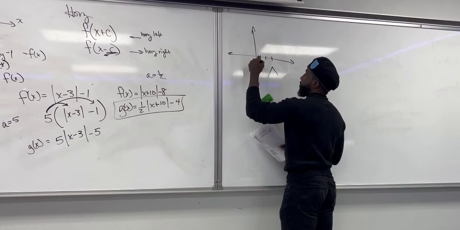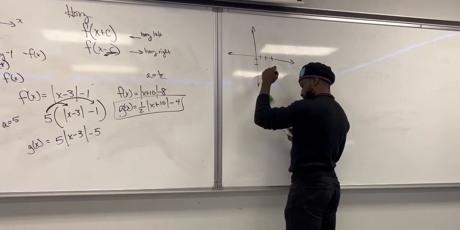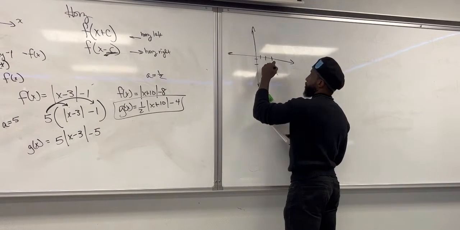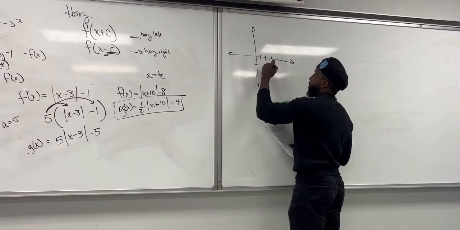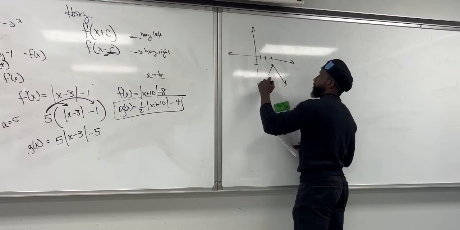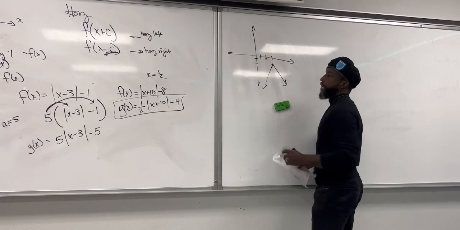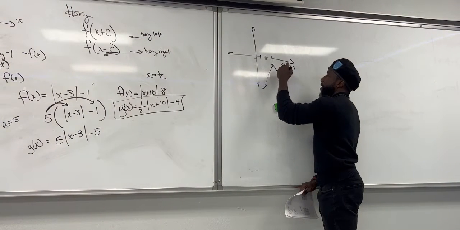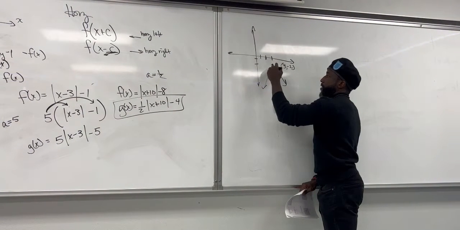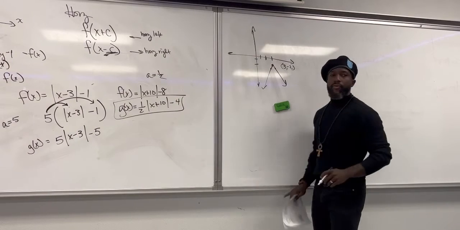And this is at 1, 2. All right. So the vertex is at 3, -2. And the next point is basically down 1 and over 1.